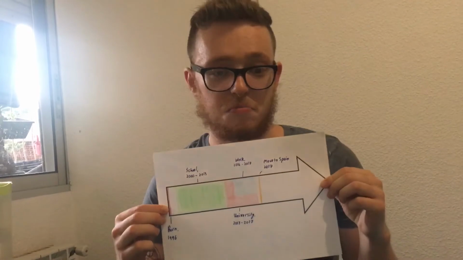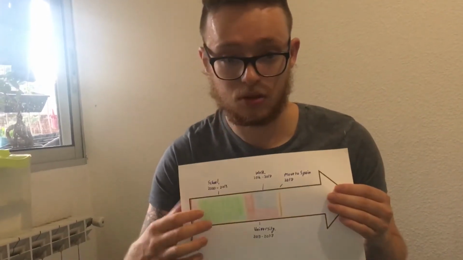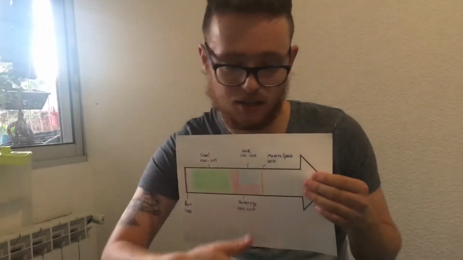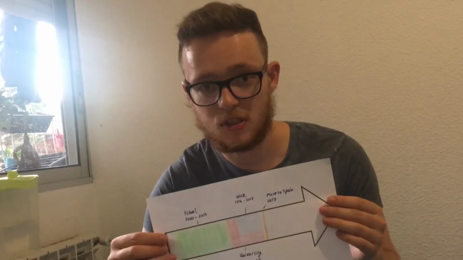Okay, so this is a very simple timeline of my own life. So you can see I was born, I went to school, I went to university, I worked, and then I moved to Spain. And I ended the timeline there just to give it an endpoint rather than detail everything that I've done since I moved to Spain.